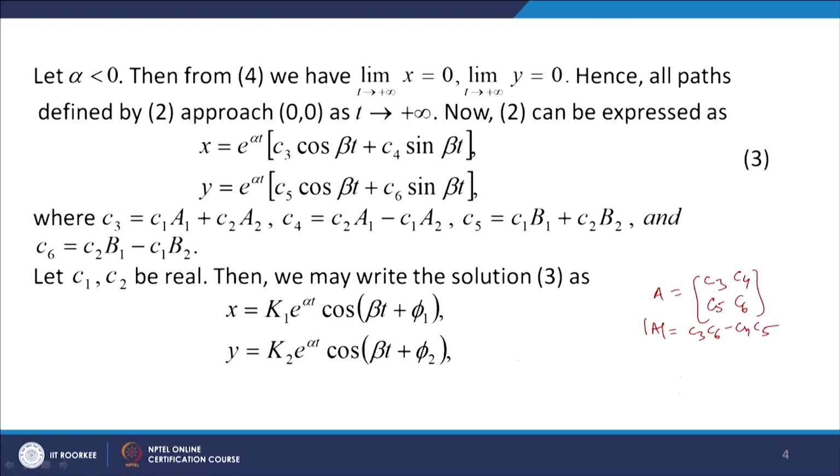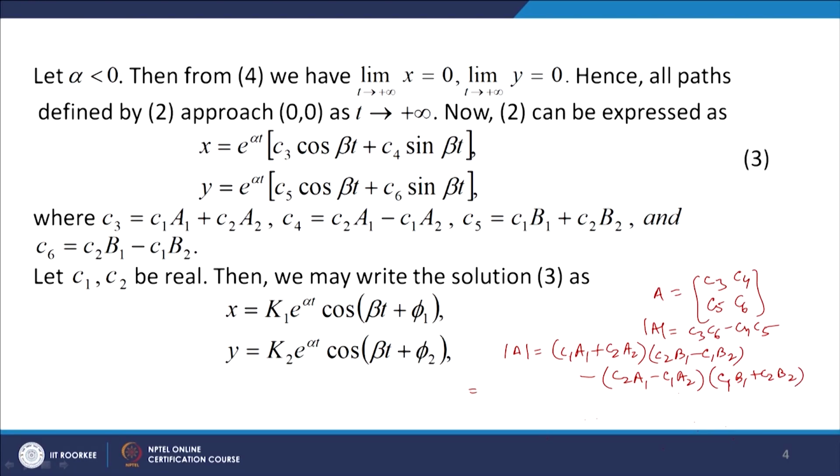If you put the values of c3, c6, c4, c5, what do we get? c3 is equal to c1 a1 plus c2 a2, c6 is equal to c2 b1 minus c1 b2, and c4 is c2 a1 minus c1 a2, and c5 is c1 b1 plus c2 b2.